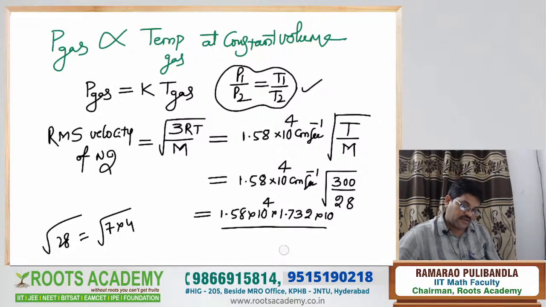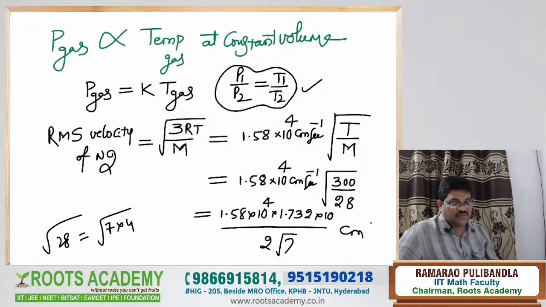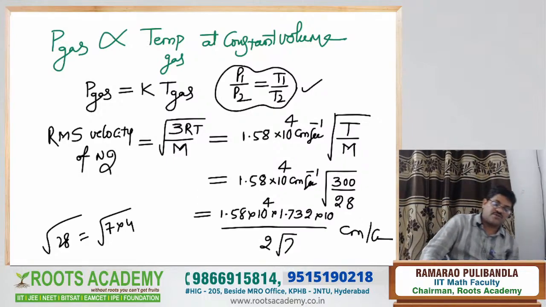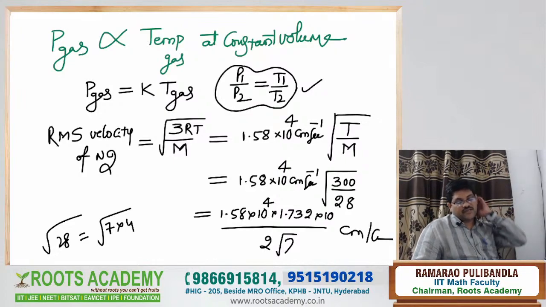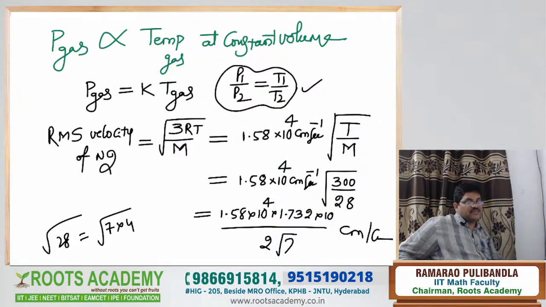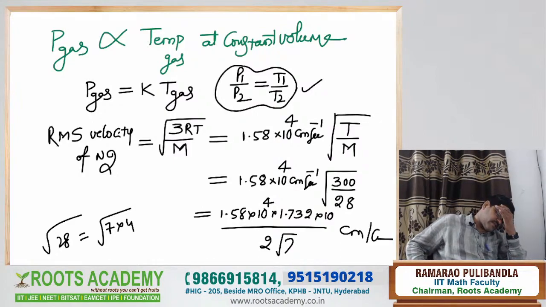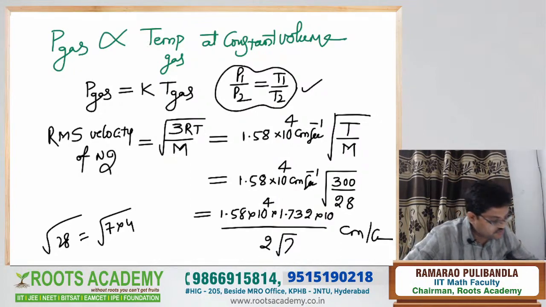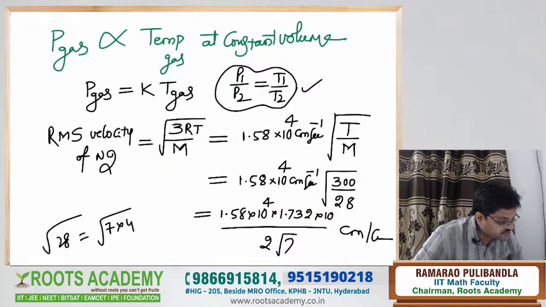You write 2 root 7 unsimplified, and you get the answer in centimeters per second. Simple logical question, no confusion. Repeat the question once again. The RMS velocity formula is 1.58 into 10 power 4 centimeters per second into root over T by M. Temperature in the Kelvin scale is 300 kelvins and the molecular weight is 28. Substitute the values and you get the answer. So this is your question, and see the next question.